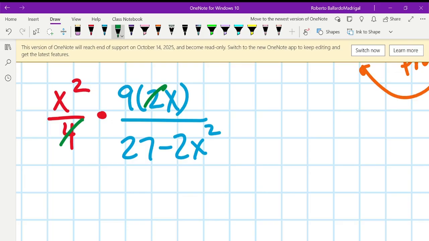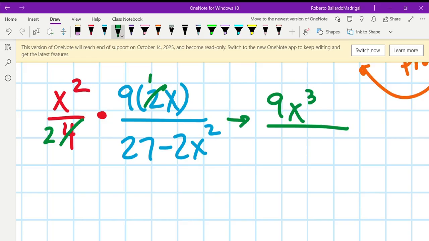So 2 goes into 2 once, and this becomes a 2. Can we do that? That looks good to me. This is the 1. So now we can just multiply across. x squared and 9x gives 9x to the third.